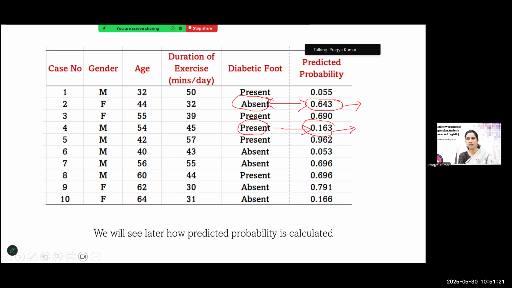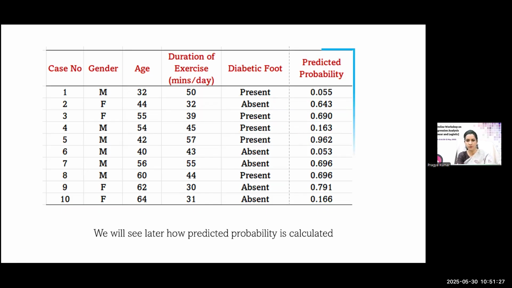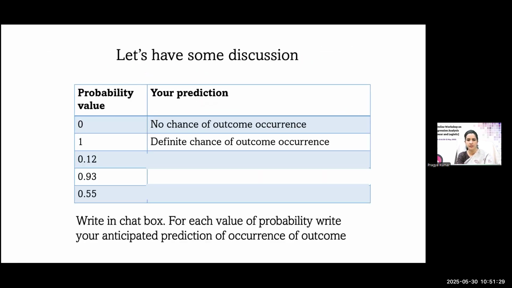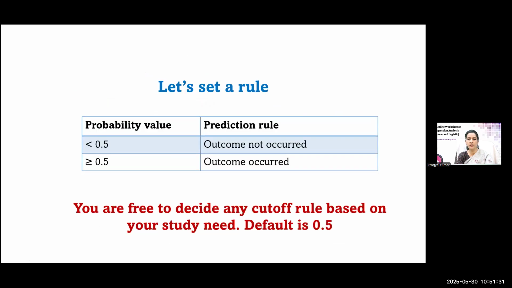Yes, no. So now coming to the previous discussion, this was regarding the rule. Any predicted probability, if it is more than 0.5, then we'll say that there is the occurrence of the outcome. And if it is less than 0.5, we'll say that there is no occurrence, meaning the outcome has not occurred.